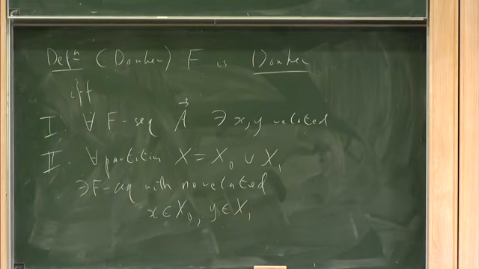One of the strange things about this historically is that whether it was even consistent that there should exist a Dowker filter was open for a long time. In particular, when Mary Ellen Rudin did this construction, it wasn't clear that it was even consistent that there's a Dowker filter.